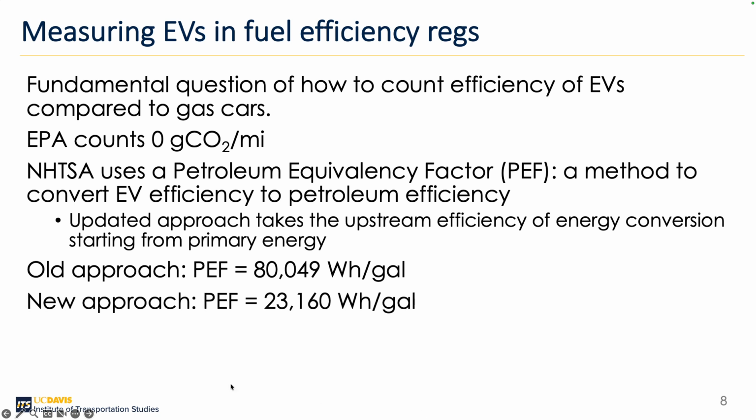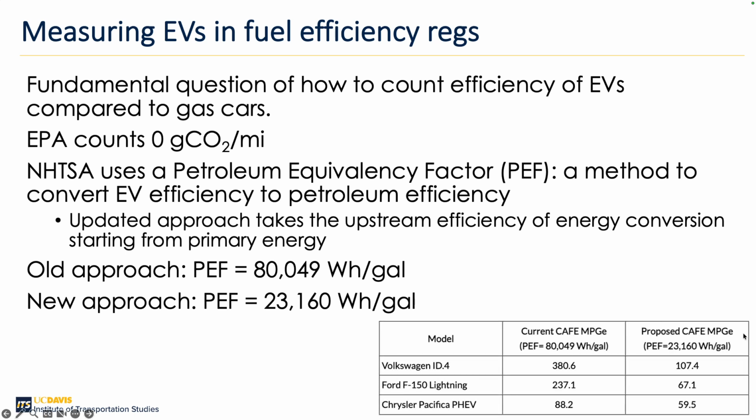And the new approach in the regulations is to use an updated one, which includes an averaged-out efficiency loss from primary energy to electricity. So that's the answer to how that number is actually converted.